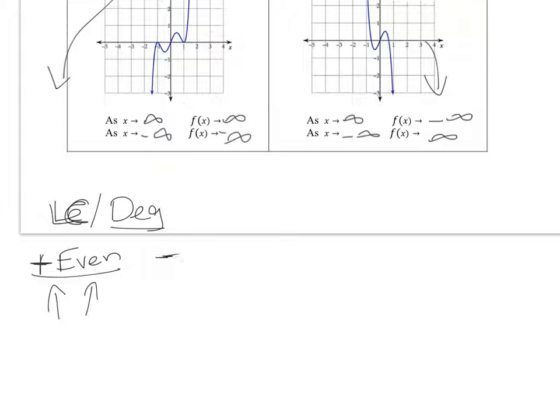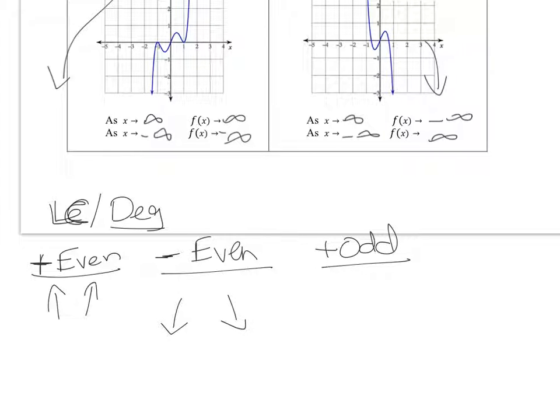If it's negative and still an even degree, the end behavior is both down. If it's positive with an odd degree, we're going up. Okay, it doesn't matter again what happens on the inside, but that's what it looks like. And negative odd is kind of going down. Okay, even though the arrows are going that way.